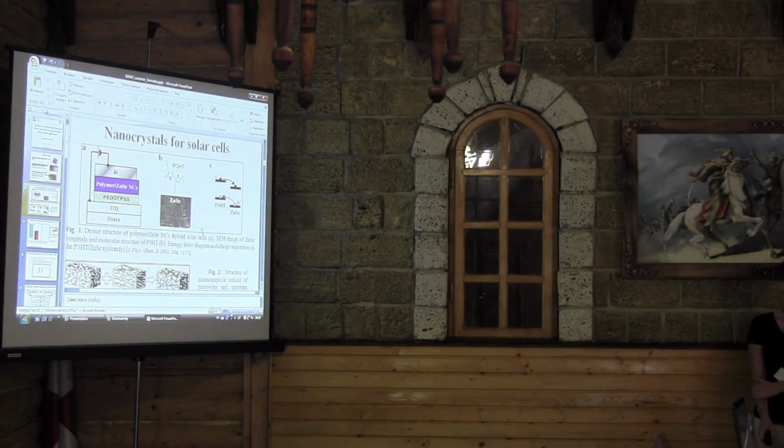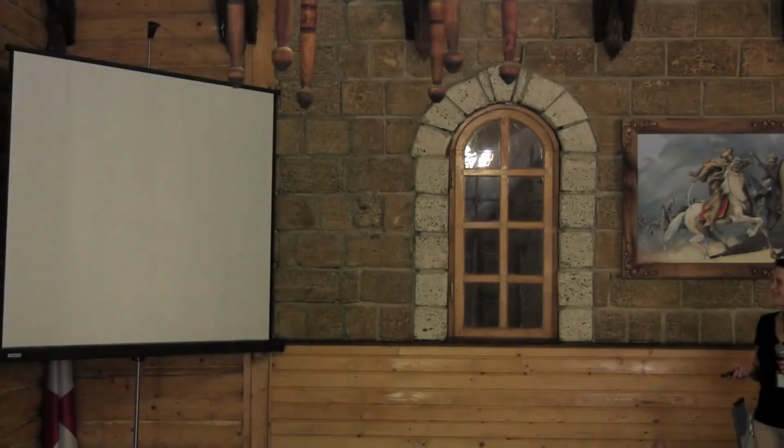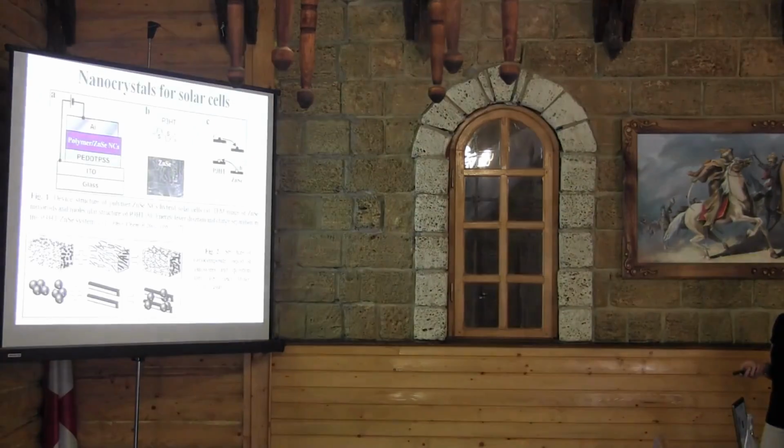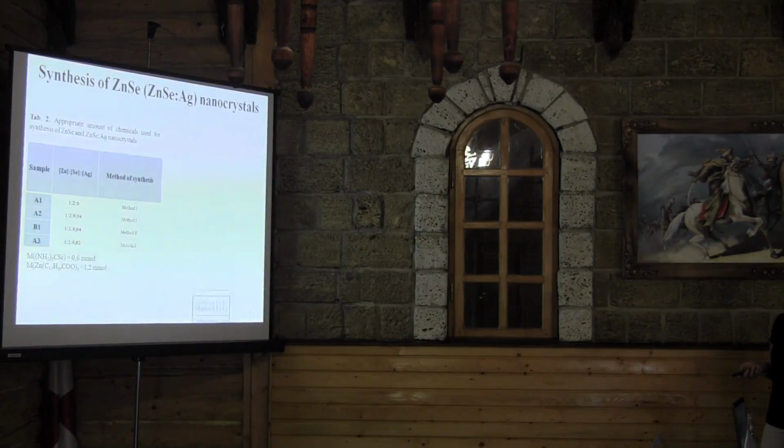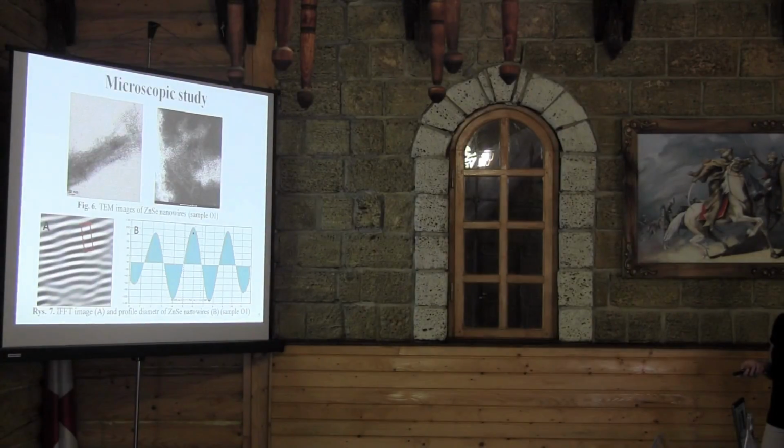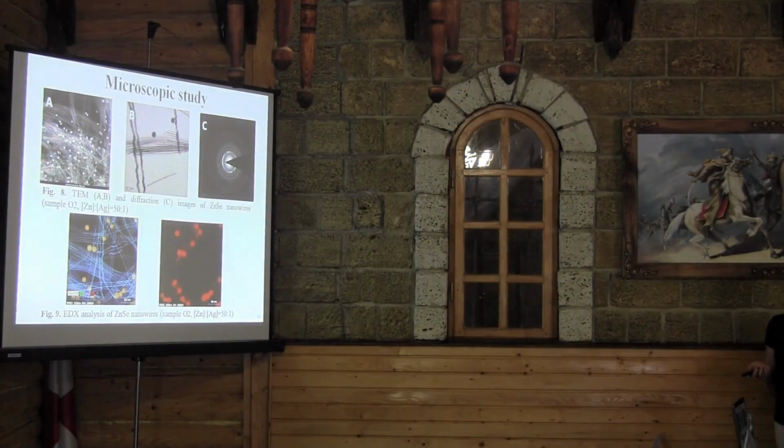When you show us those long wires with other particles attached to them, can you show it again? Okay. You mentioned that you have the spheres of silver selenide and wires of zinc selenide with silver. So, I get the point, but did you use those structures to build your solar cell or not?